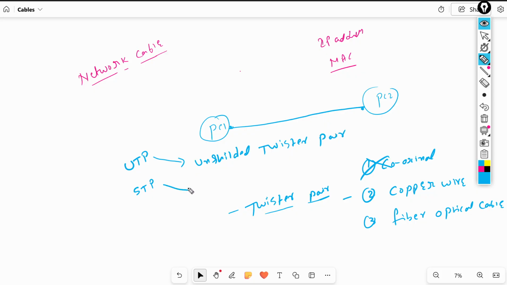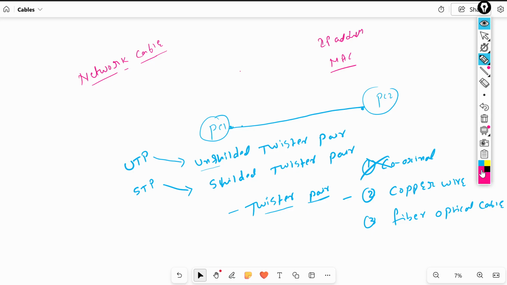STP stands for shielded twisted pair. Both are twisted pair cables only, but within twisted pair we have these two types, UTP and STP.